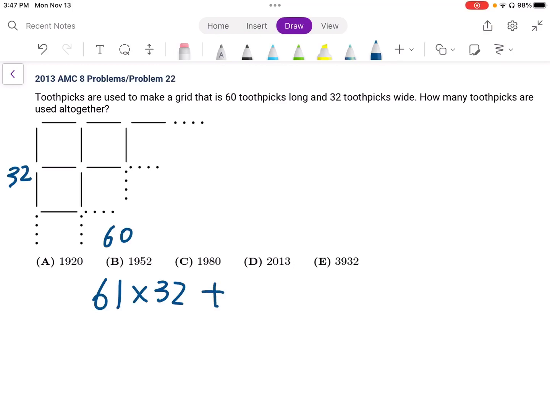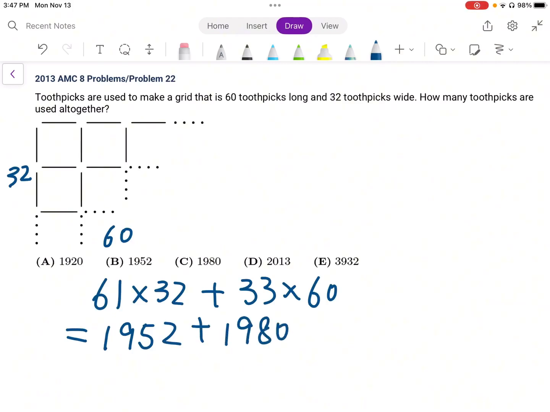So we need to add 33 multiplied by 60. And that equals 1952 plus 1980. And that's 3,932 in total. The answer is E.